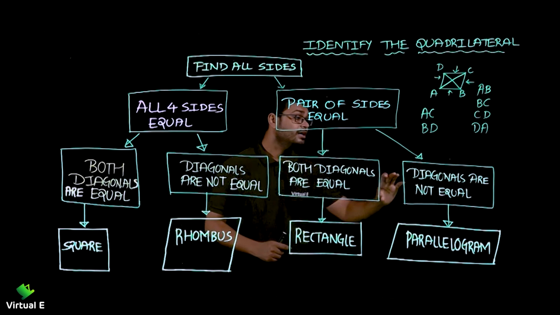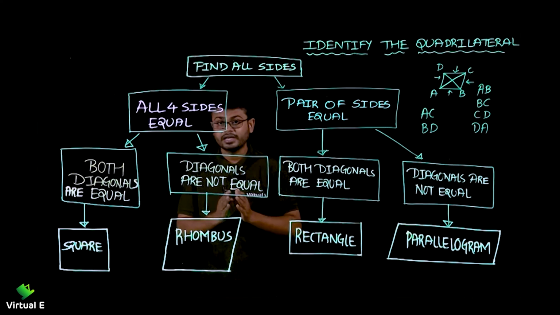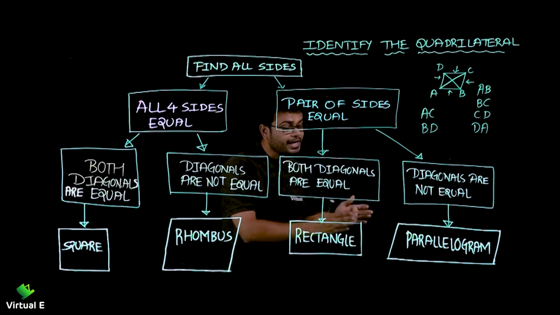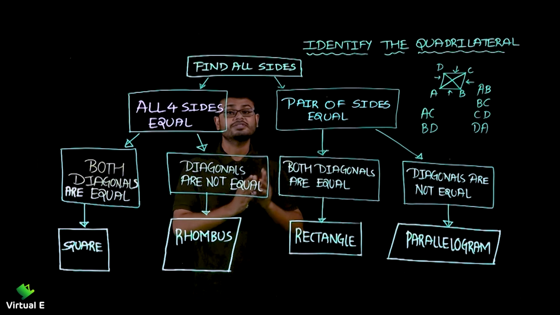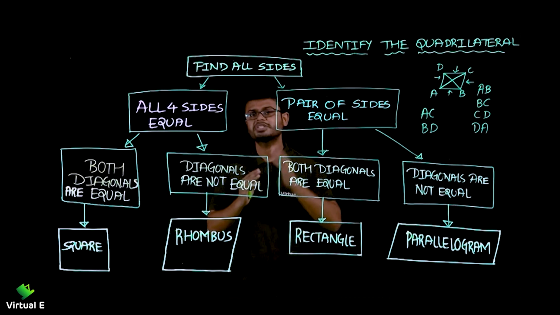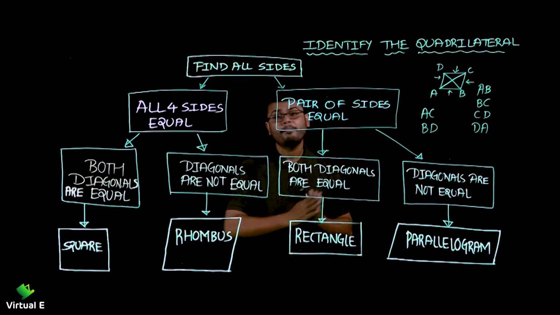And if diagonals are not equal, that will be a parallelogram. I am repeating again: here you will only think about rectangle and parallelogram when pairs of sides are equal. Indirectly, all 4 sides are not equal, but opposite sides will be equal. We know that property of a rectangle and a parallelogram.